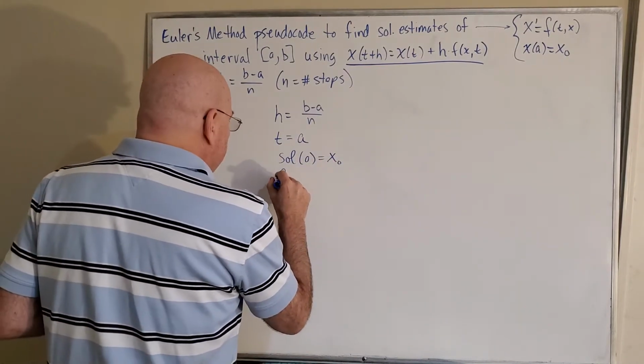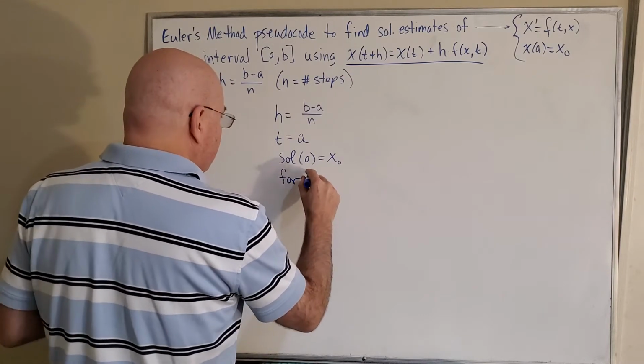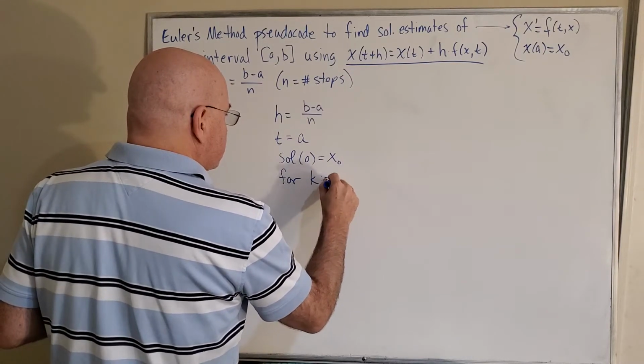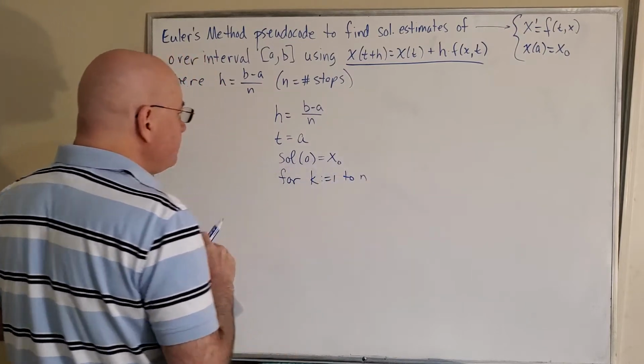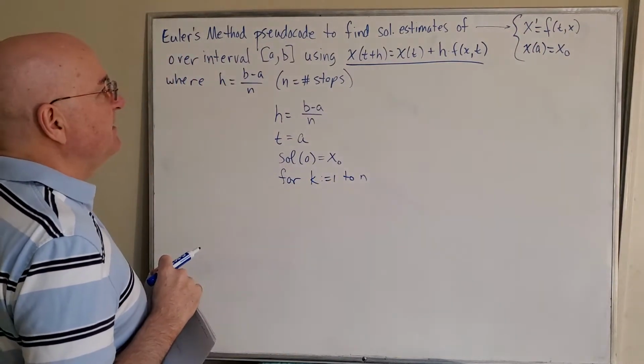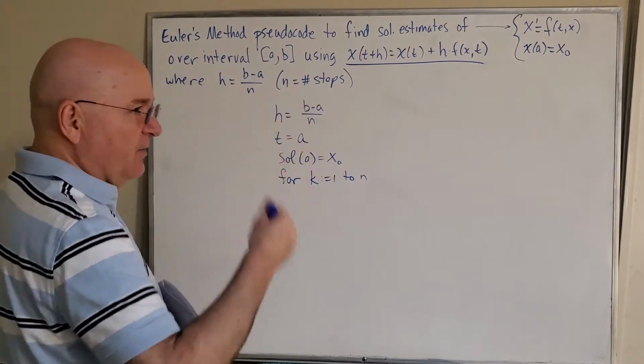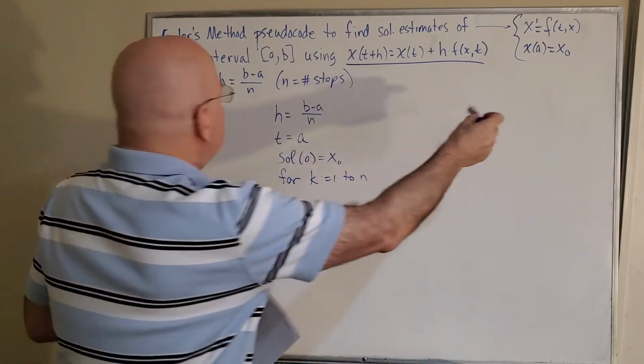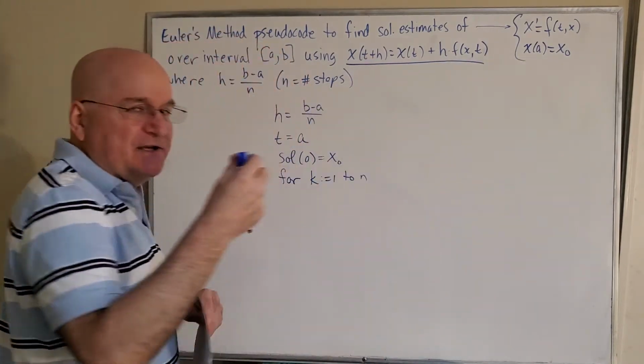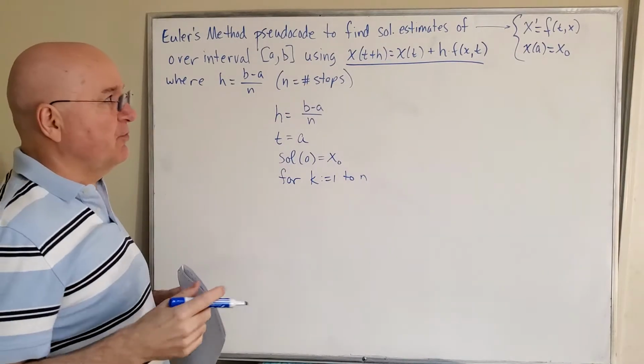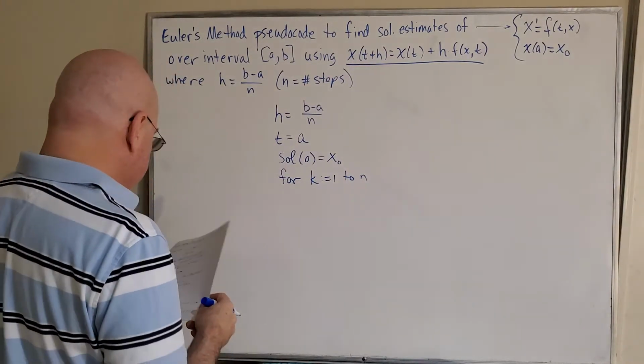Now we have a for loop. I will use for k goes from 1 to n. I don't need to start it at 0 because by the initial value given to me, I already know the first ordered pair, the 0th ordered pair that's given to us.